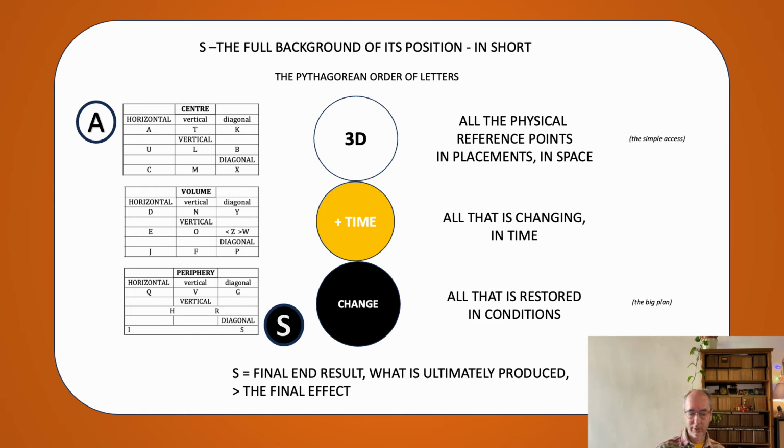That's how it is also a natural order. And the A, for instance, is the very first letter, but the S is the very last letter in the complexity. So it is necessary that we also explain the whole structure beneath this S.